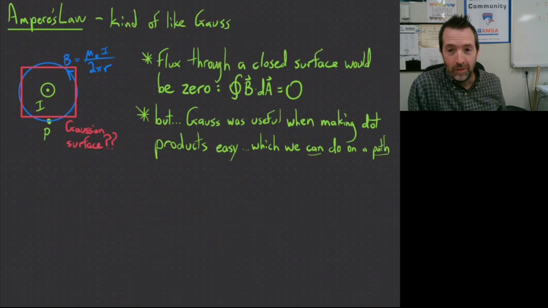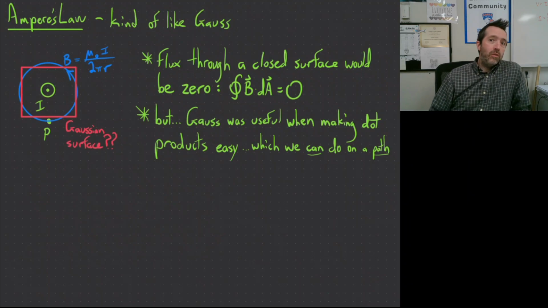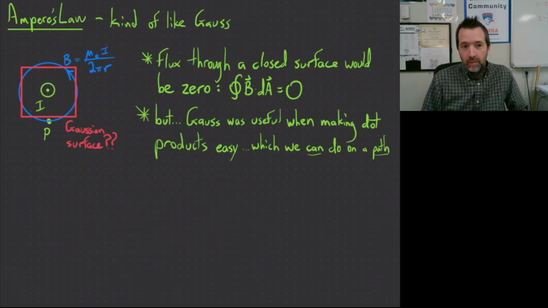You get 0, whereas with electricity, if you looked at the flux through a closed surface, you would get something proportional to the charge inside. The reason that doesn't work for magnetism is that there's no such thing as a magnetic charge exactly.